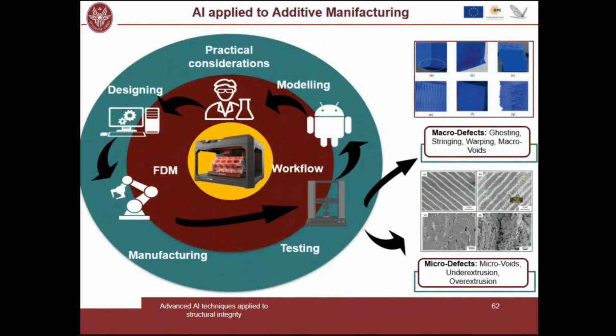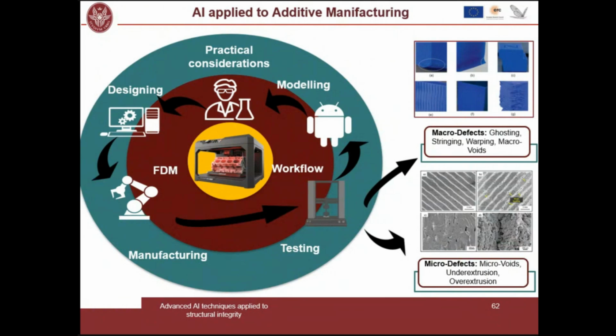But now, into our problem, we have to somehow learn the relationship between print parameters and the mechanical properties. But why that? Because in additive manufacturing, and FDM is one of the kinds of manufacturing that you can have, you have this kind of pipeline structure.